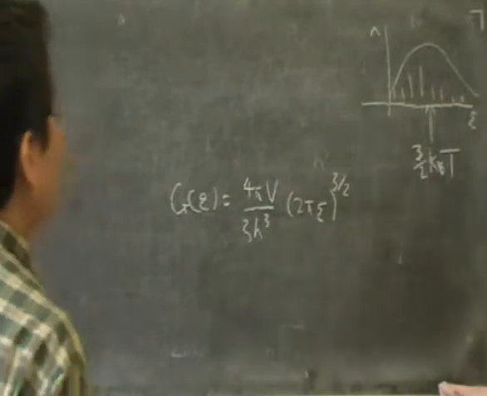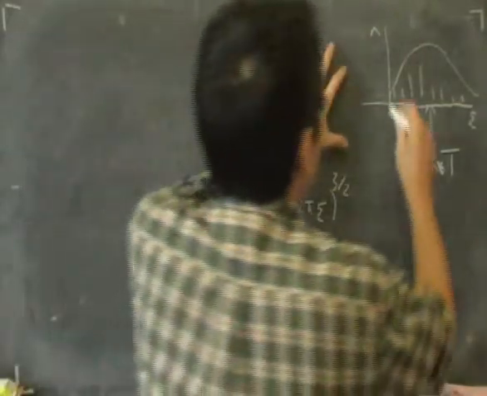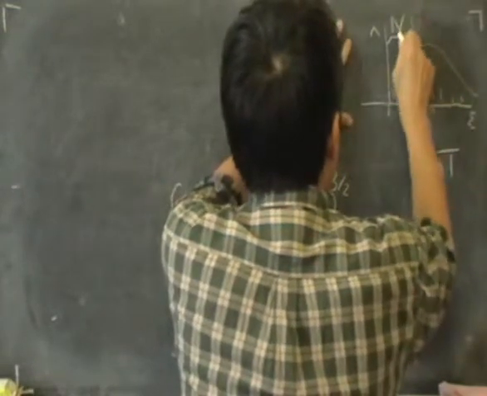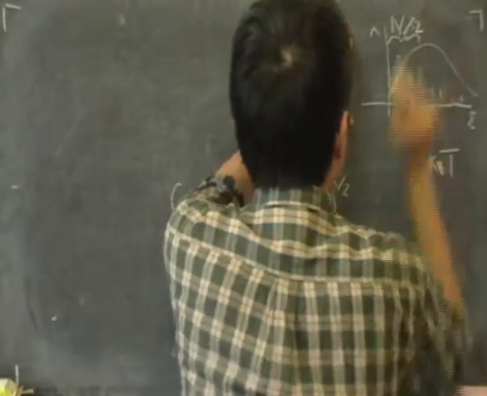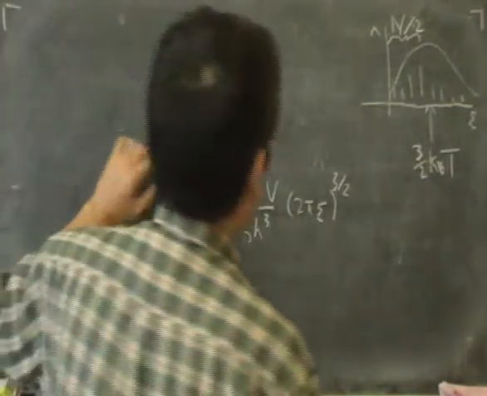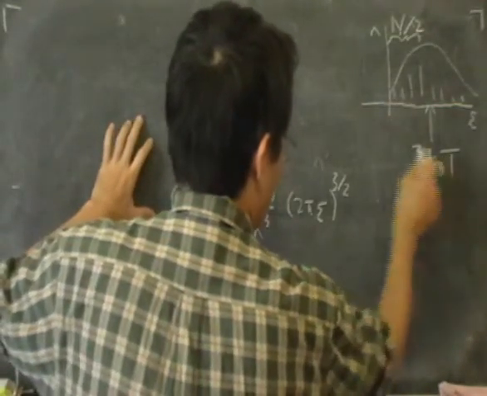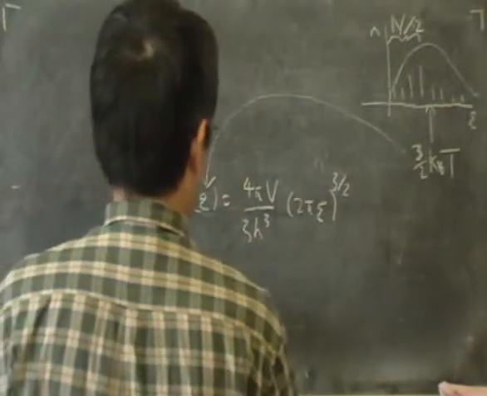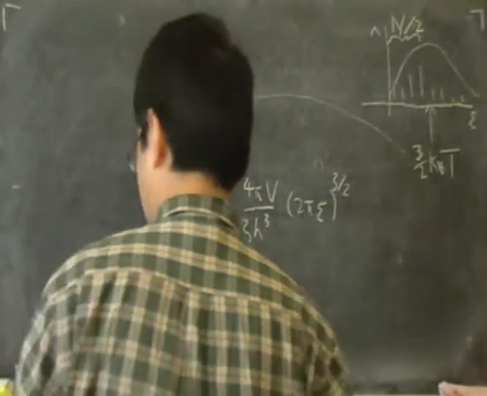And we wanted to compare this with the actual number of particles there, which is N/2. So this is the formula that we need to use. We need to substitute the 3/2 kBT into here to find an answer.